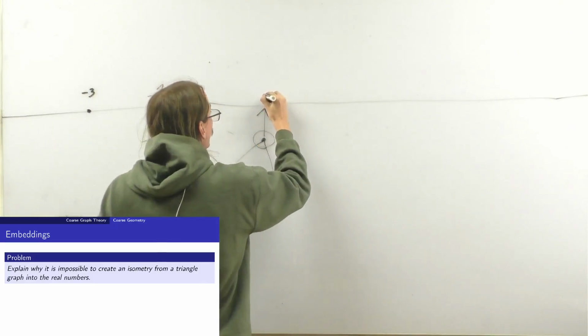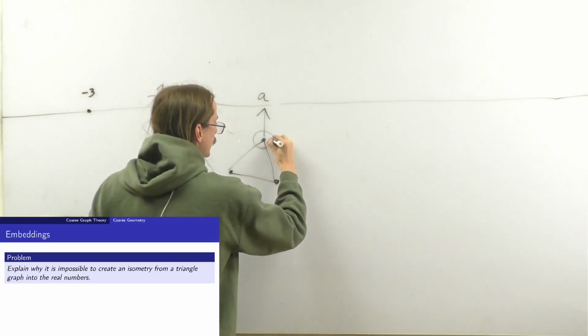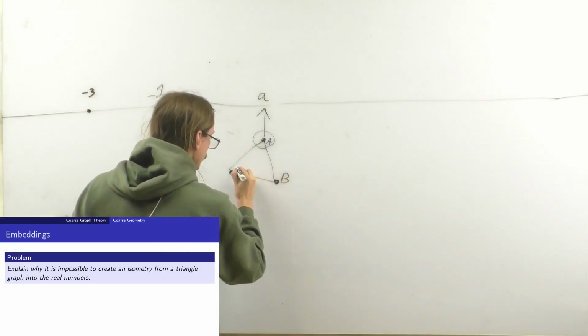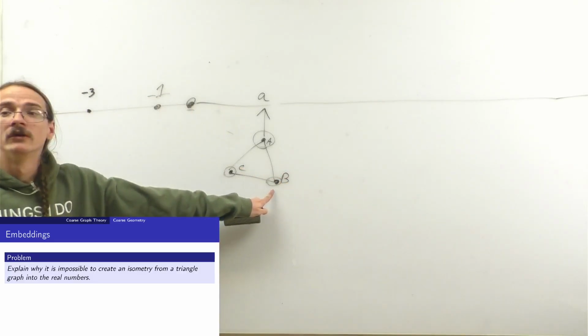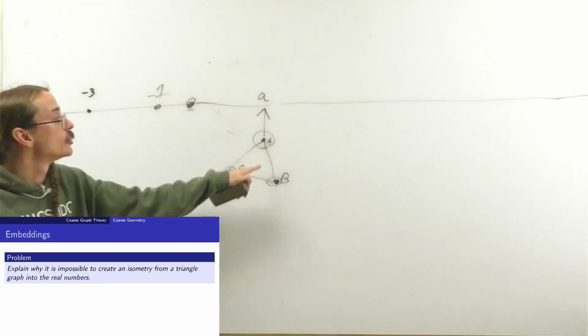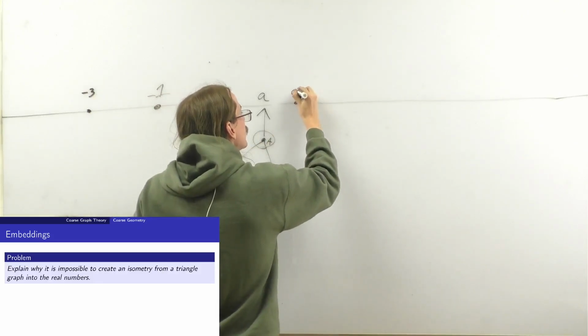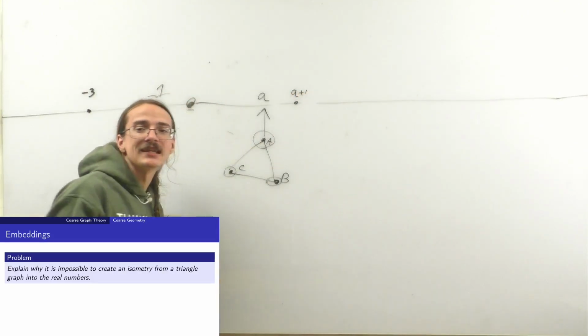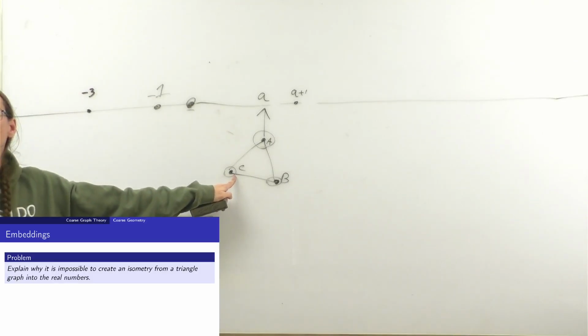Let's say it goes to the point A. Okay, now let's label our vertices A, B, C. Where does B have to go? Well, it has to be distance 1 from A. So it can either go to A plus 1 or A minus 1. It's really symmetric, so let's just say we send it to A plus 1. Okay. Now where do I put C?